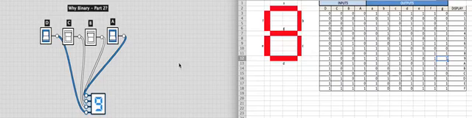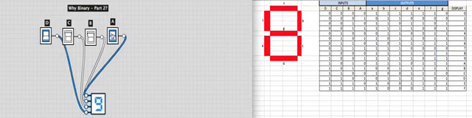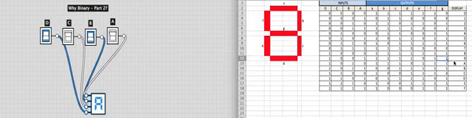But remember from last time, we also incorporate values up to 15 using hexadecimal with our 7-segment display. So let's switch on the value 10, or A for hexadecimal. That would be D on, C off, B on, A off, or 1010 in binary. So let's have a look at that.